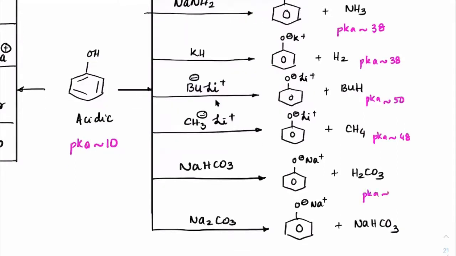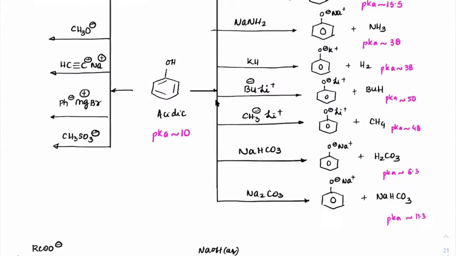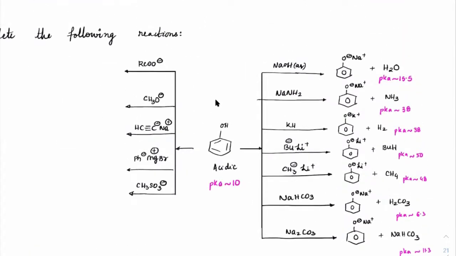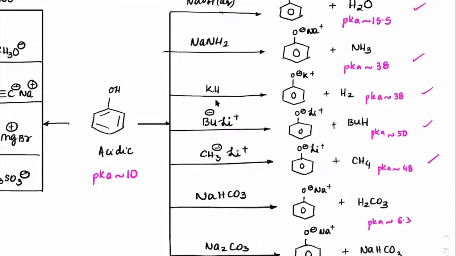The pK value of H2CO3 is around 6.3 to 6.5. The pK value of NaCO3 is around 11.3 to 12. Got it? Now if you observe which of these are feasible reactions: the first one is definitely feasible, second one, third one, fourth one, fifth one. Correct? Next one, this is not feasible.